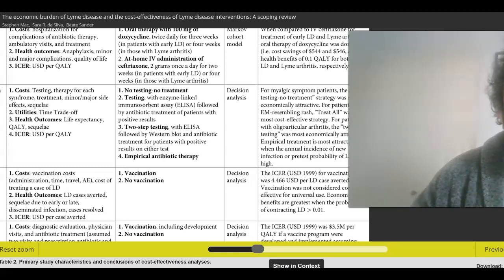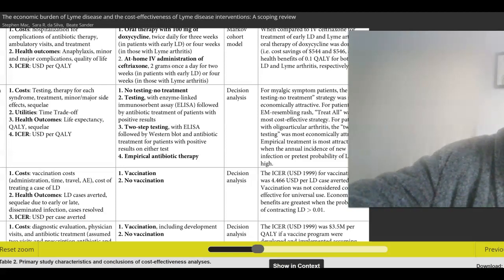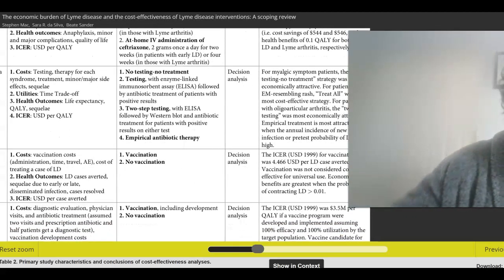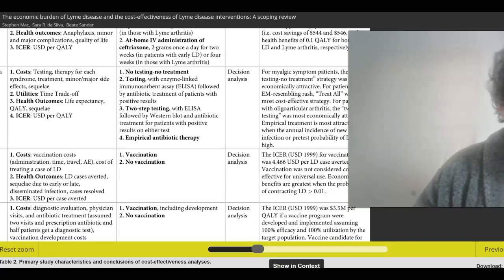There's decision analysis looking at different costs, and no testing, no treatment. And this expands to understanding vaccination costs. There are all these different types of costs that were derived, so you can look for a varied number of outcomes.